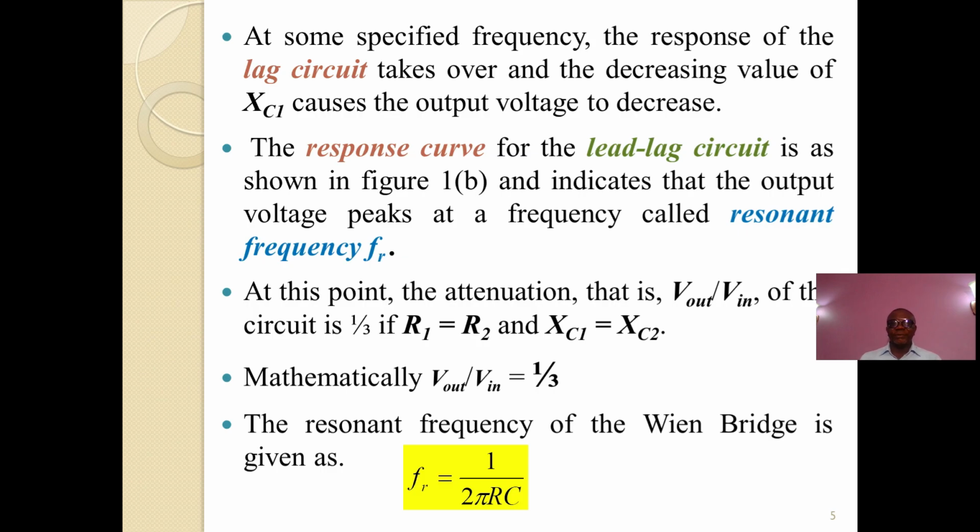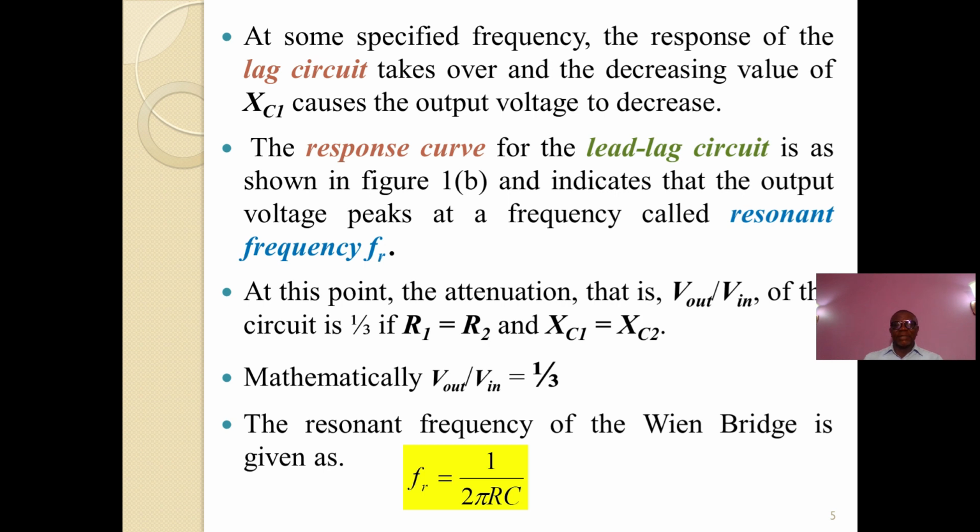The response curve for the lead-lag circuit is as shown in Fig 1b, and indicates that the output voltage peaks at a frequency called the resonant frequency, denoted by F subscript R. At this point, the attenuation, that is V out over V in of the circuit, is 1 over 3 if R1 is equal to R2 and the reactance of C1 is equal to the reactance of C2.